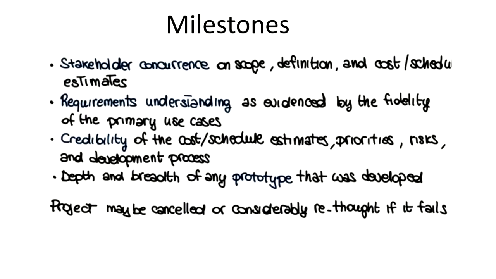Then these are your milestones that everyone should agree on: the requirement analysis which has been done. The primary use cases should be created and everyone should be okay with that also. Your costs and schedule estimates, whatever you have estimated, that this should be my project cost and this should be my project estimate, everyone should be agreeing on that, and also it should be legible and credible.